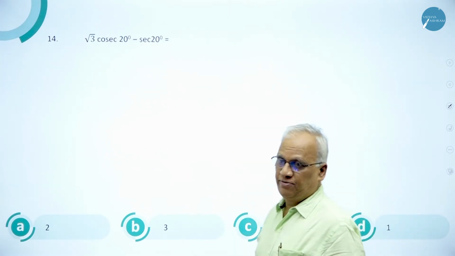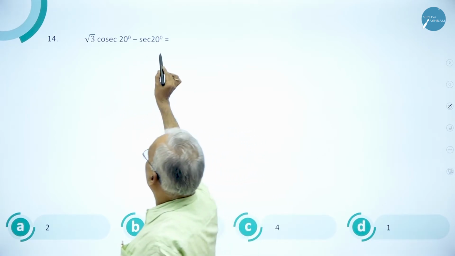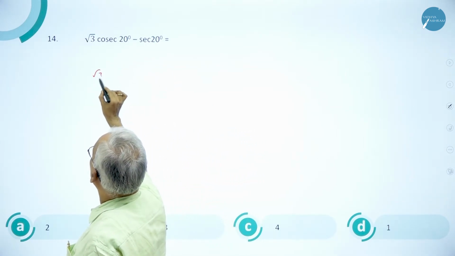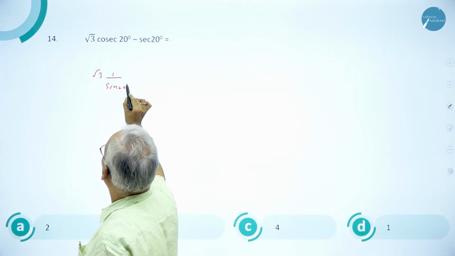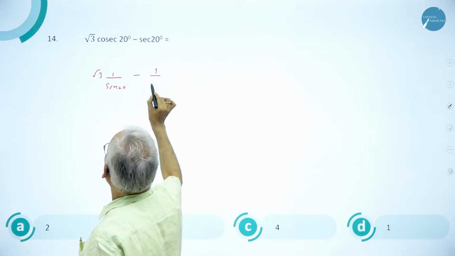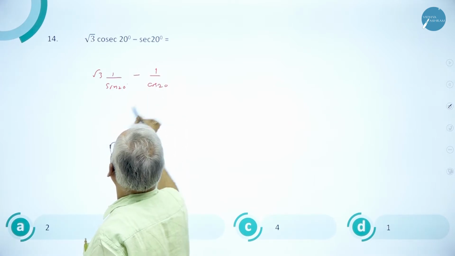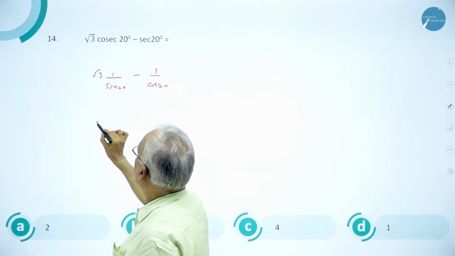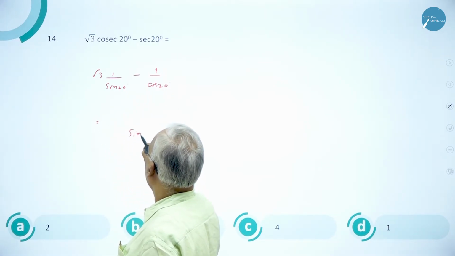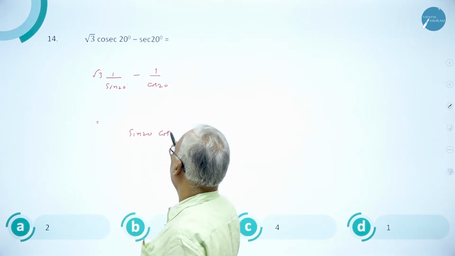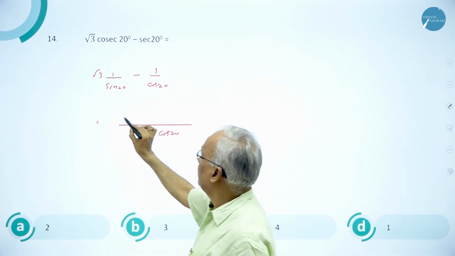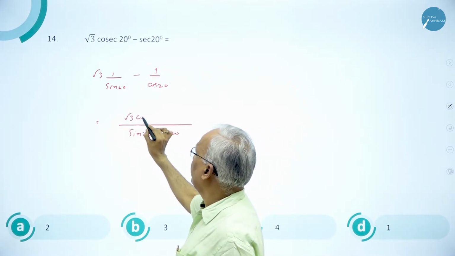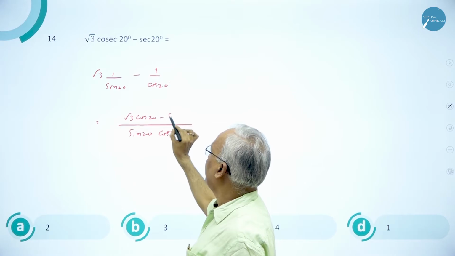The next question, 14th, the value of this. See, I can write this as root 3 into 1 over sine 20 minus 1 over cos 20 degrees, which is equal to sin 20 into cos 20, divide numerator, you get root 3 cos 20 minus sin 20.